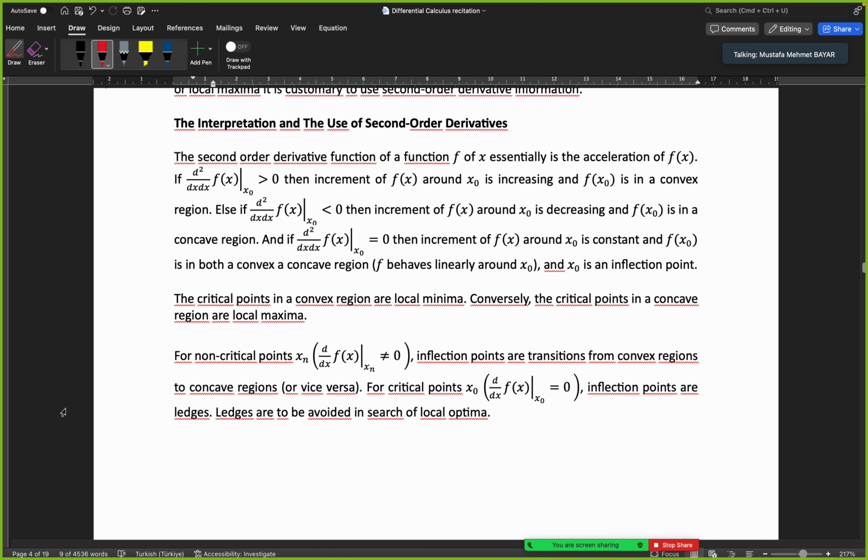And let's now talk about the second order derivatives. If the second order derivative is strictly positive, then you are in a convex region. Even if your function is decreasing at first, it will just become increasing because it increases at a faster pace. That is what it means when you have positive second order derivative information.